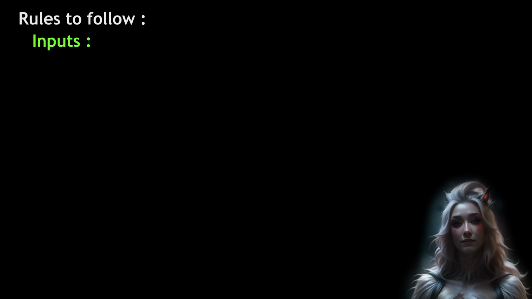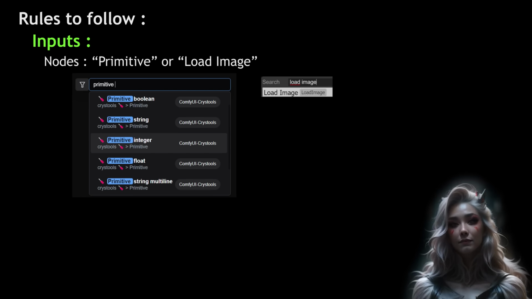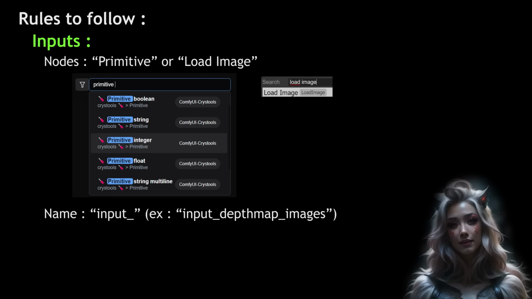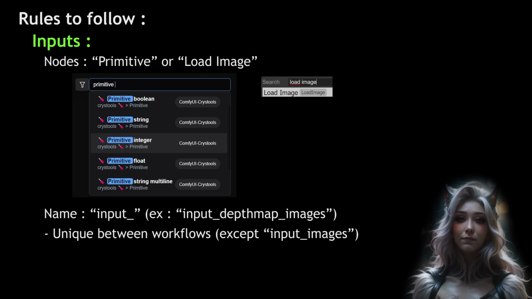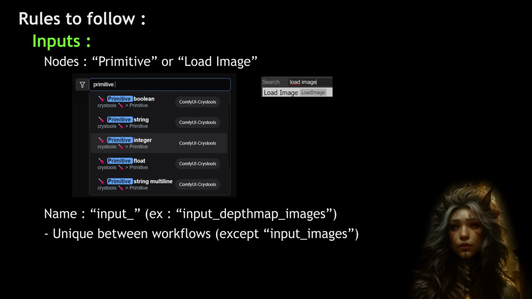Let's summarize what we've just covered. The rules to follow are: for inputs, they must be of type primitive or load image. They must have a name in the format input_something, and must be unique between workflows, except for input_images. An input named input_images is automatically populated. For outputs, they must be of type save image.